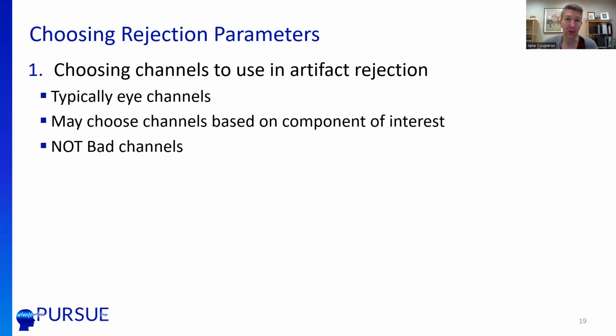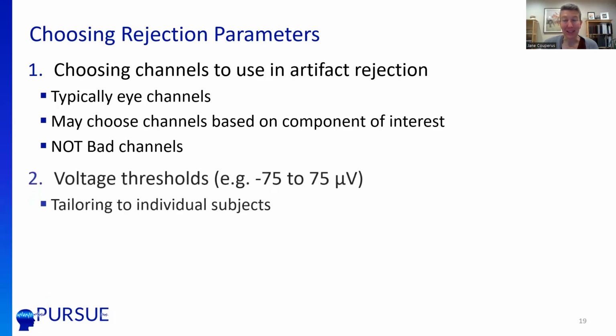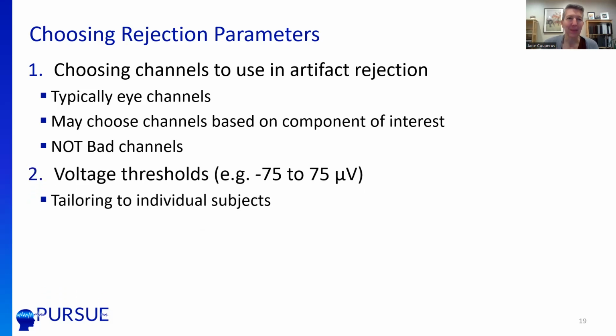So for example, if you're doing a visual experiment, you might want to choose some posterior occipital electrodes to be using. You definitely do not want to use your bad channels. Those are just going to give you lots of artifacts that aren't actually artifacts.